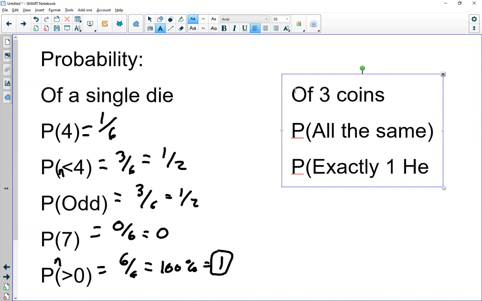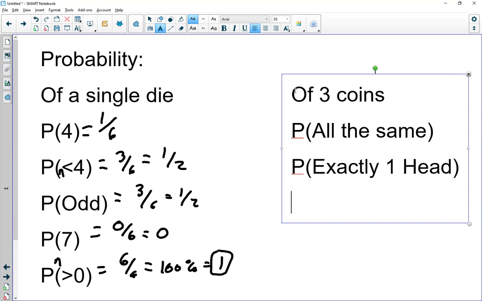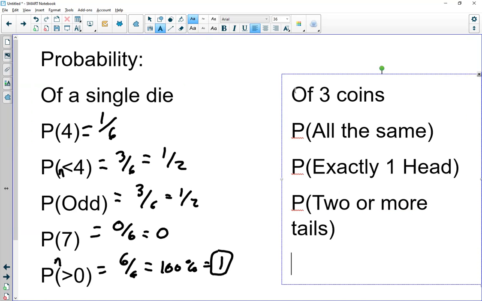I could probably find a worksheet for this. If you find it, you can do a little question. Probability of 2 tails. Okay, 2 or more tails. Let's do that. And then probability of, let's do no tails.